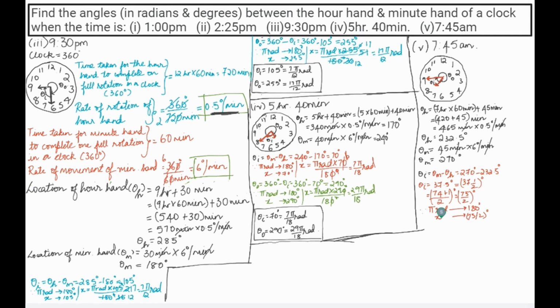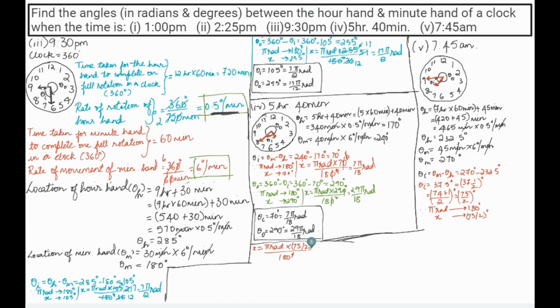When we cross multiply, we get x is equal to pi radians into 75 by 2 degrees divided by 180 degrees.